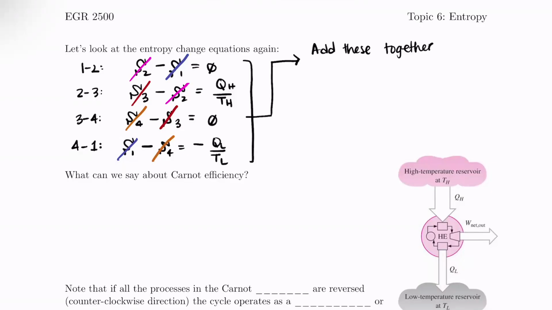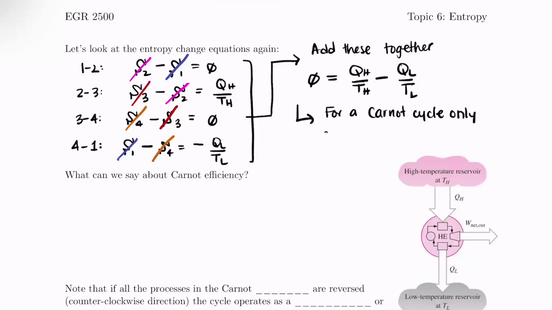And then we also have on the right-hand side that QH over TH minus QL over TL is equal to 0. Okay, so what this means is that for a Carnot cycle only, we have that QH over QL is equal to TH over TL.